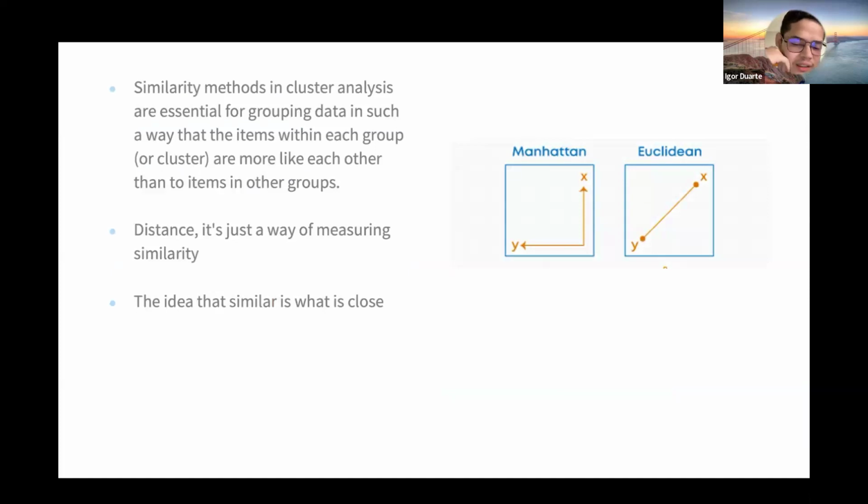Similarity methods in cluster analysis are fundamental for grouping data, so that the items within each cluster are more similar to each other than to items in the other groups. I'd like to talk about two types of similarity because they are the most used: Euclidean distance and Manhattan distance.